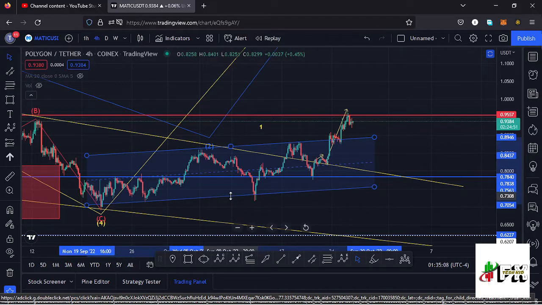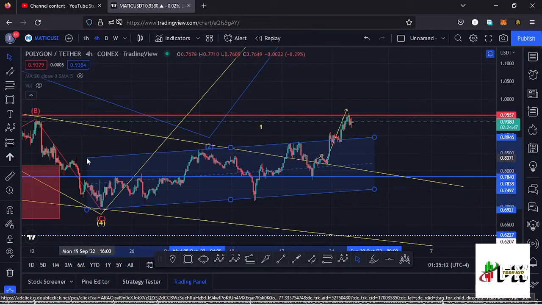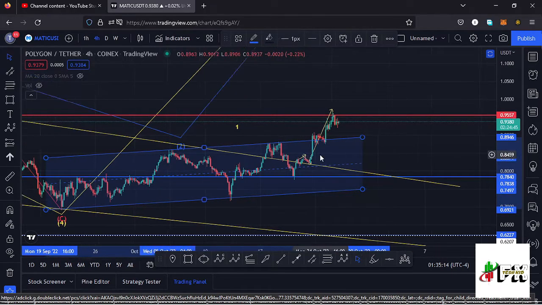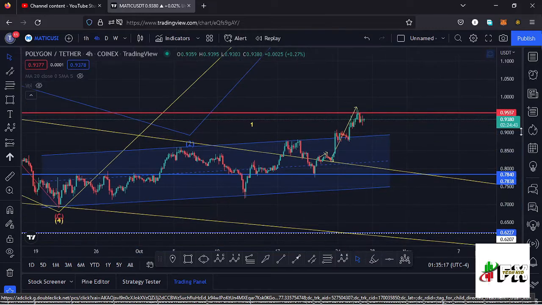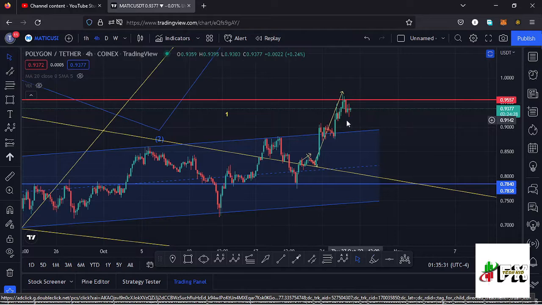This is the lower side of the channel, like that. And we have seen a breakout out of this ascending channel also, and you can see in this movement right here we even saw a retest of the upper side of this new channel that I have drawn out, taking us back to around the $0.95 mark, and even managed to break above it a little bit before we saw that pullback to the lower side.